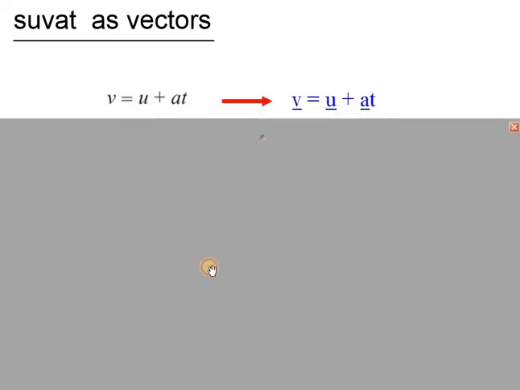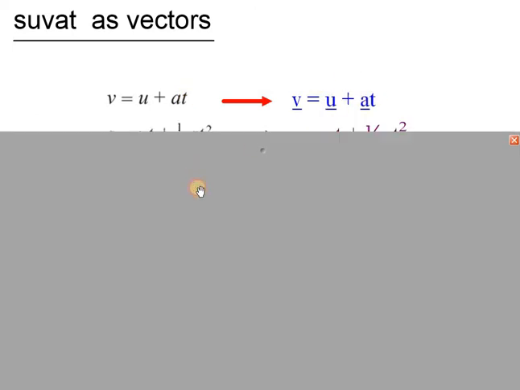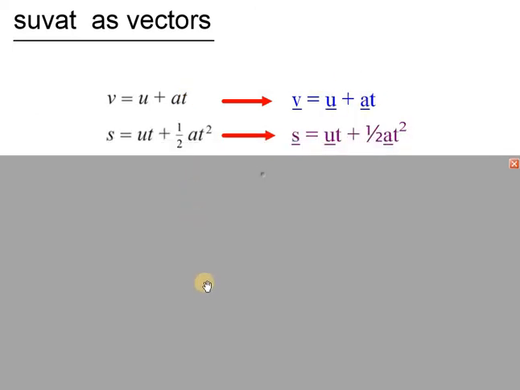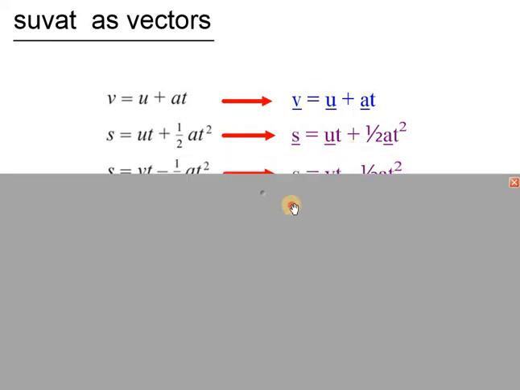We can use SUVAT formulae in their vector forms. So here, velocity, initial velocity, and acceleration are all vectors. So here they are in their vector form. T is a scalar. Same again, we've got the vector form here, so we're going to use these with component ij vectors and column vectors to solve problems.